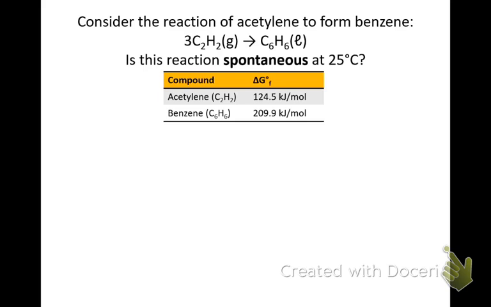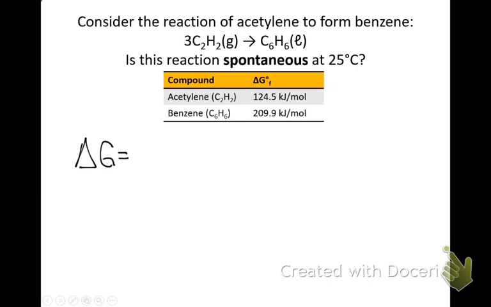So we can do that again. We can figure out whether a reaction is spontaneous. Here's another example, the reaction of acetylene to form benzene. And so in this one, this is not a formation reaction, but we can still calculate delta G. All right, and so we'll do, once again, the sum of the products minus the sum of the reactants.